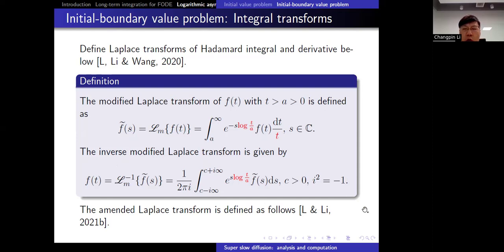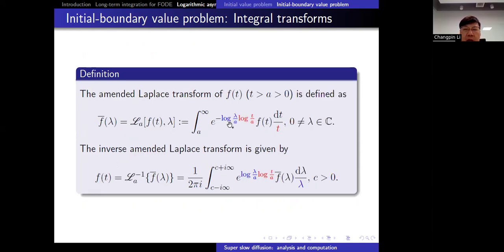We can give another kind of Laplace transform, the amended Laplace transform. We have one more factor in the power. And the inverse amended Laplace transform can be obtained like this.